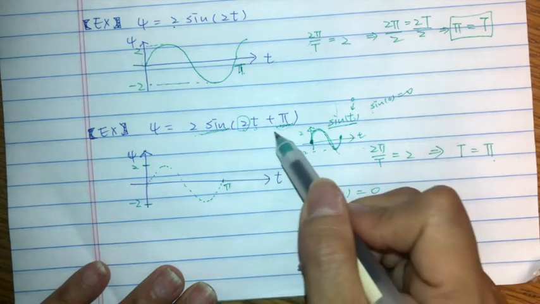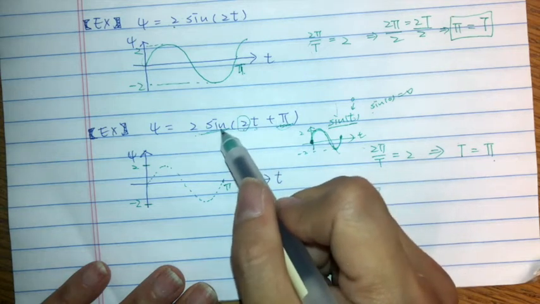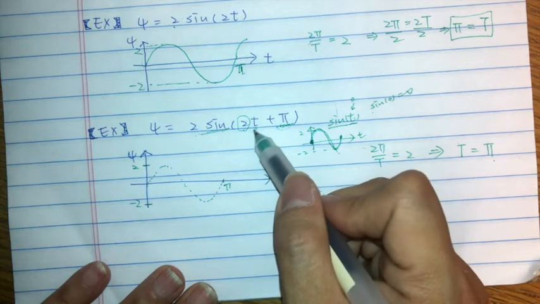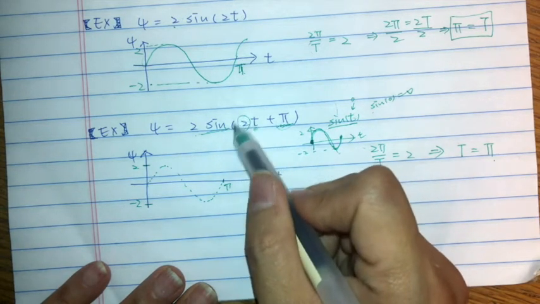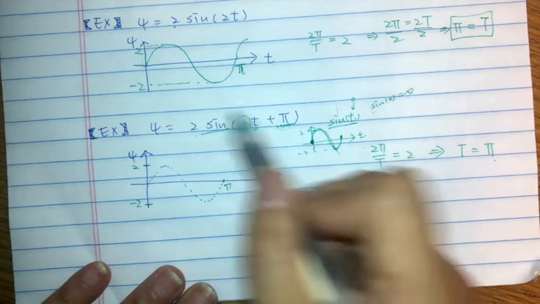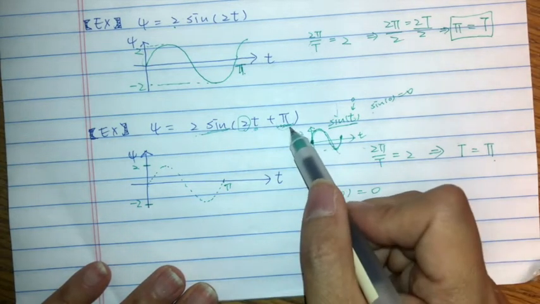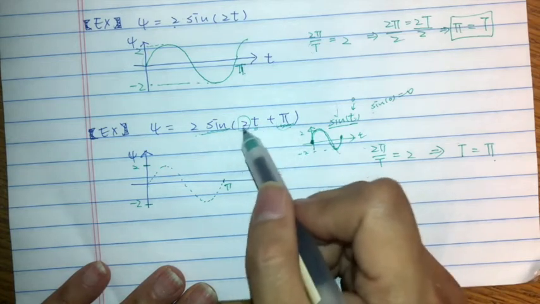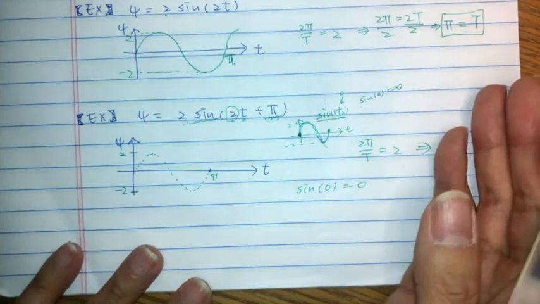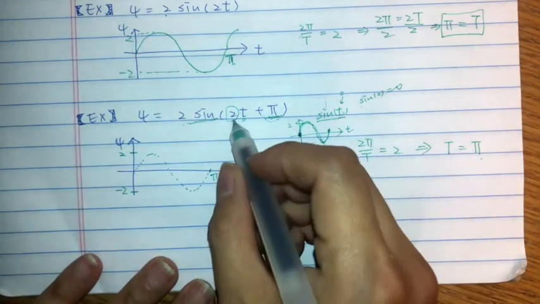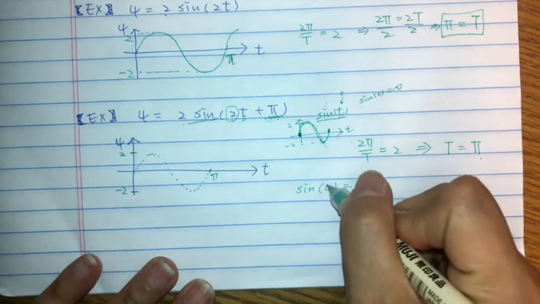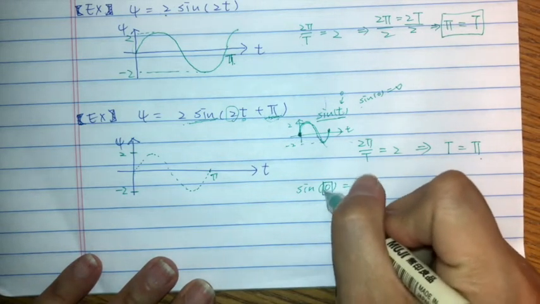You can see that when time is 0, whatever is in the sine function is not 0 anymore, it is pi. So you can see the starting point is different. Okay, so this is the starting point.